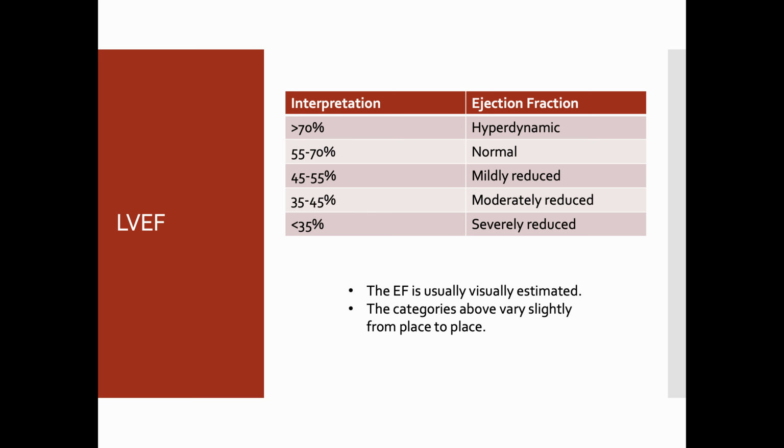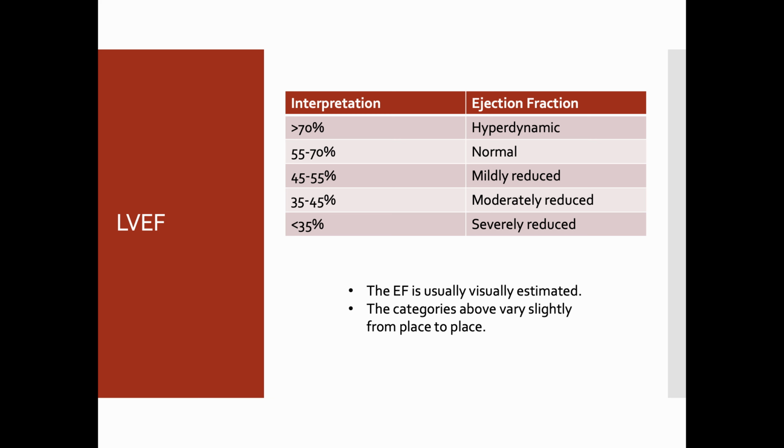What I'm used to was a little less than that, but every center kind of has their own little numbers that they use. They are in this neighborhood, though, and we all agree that an ejection fraction less than 35% is severely reduced. Usually we agree that 35 to 45% is moderately reduced, and then mild is 45 to 55, 45 to 60, 50 to 60, whatever, somewhere in that neighborhood.